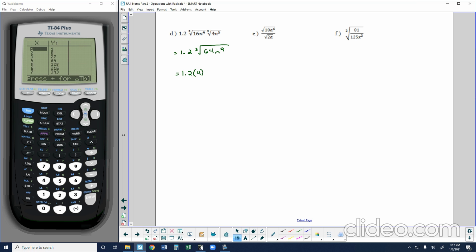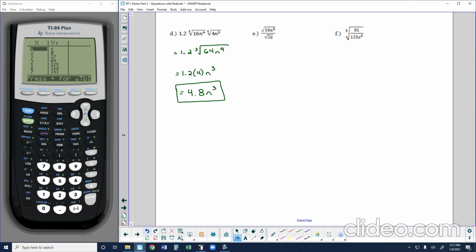And the cubed root of n to the ninth, notice that this exponent 9 is triple what's required for a cubed root. So n cubed is going to come out. Then I can simplify a little bit further. 4 times 1.2 would be 4.8. So this answer is 4.8 n cubed.